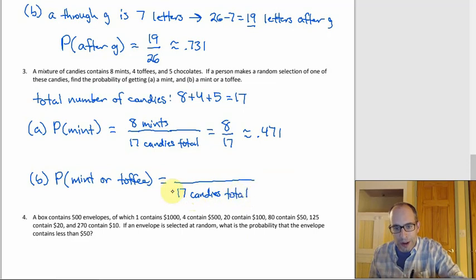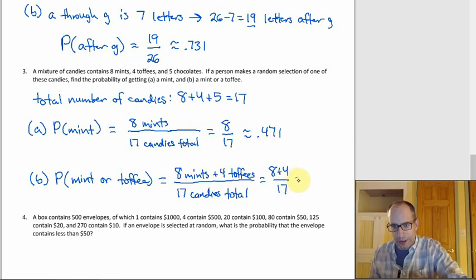And then there are 8 mints, 4 toffees. That's what it says up there. So 8 mints plus 4 toffees. It's going to be 8 plus 4 over 17, which would be 12 over 17, which is about 0.706.